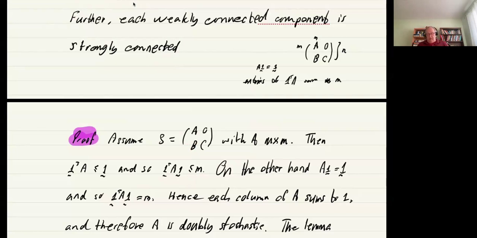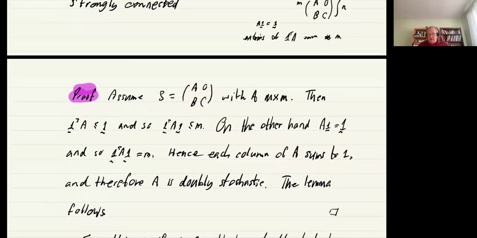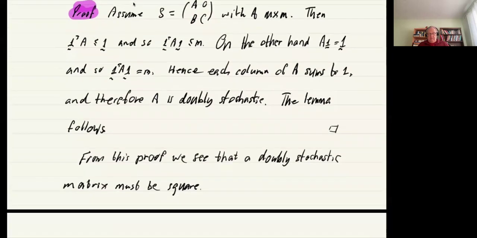But the point is that this argument tells me that if I have this structure, then A is square, and B is 0. And so each block of my matrix is square, and so the entire matrix is square. Now, I suspect that I did have more of a mess of this when I tried it the first time, but I don't think I can simplify that. Okay.